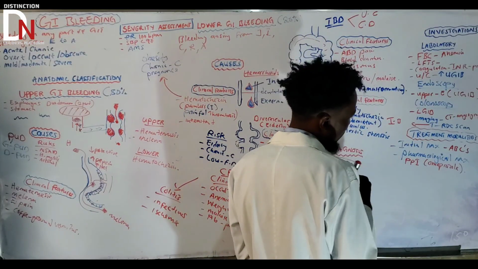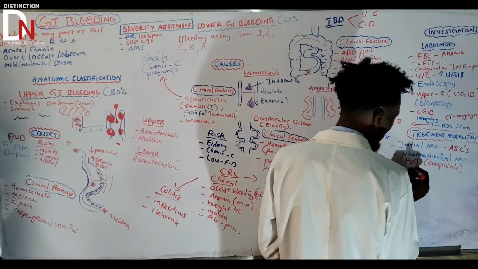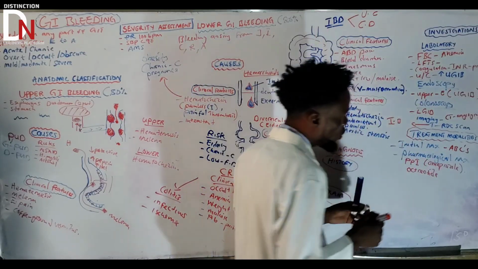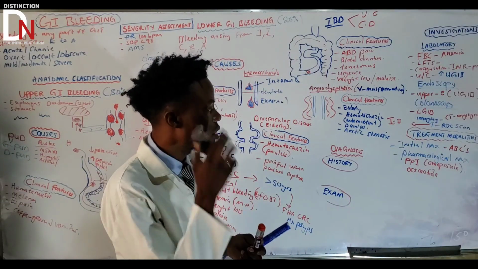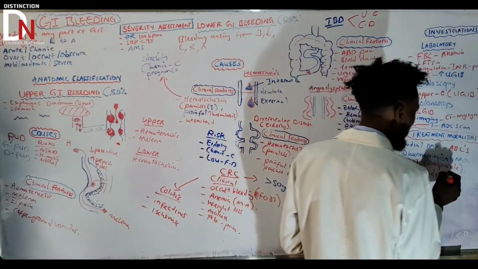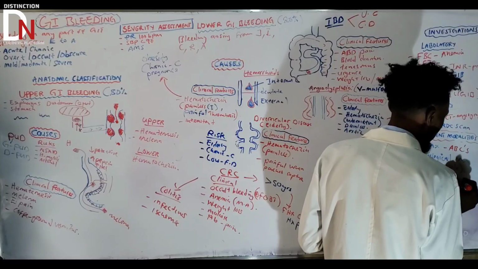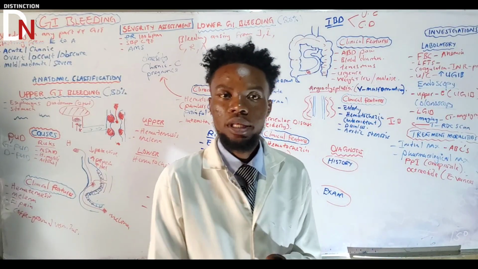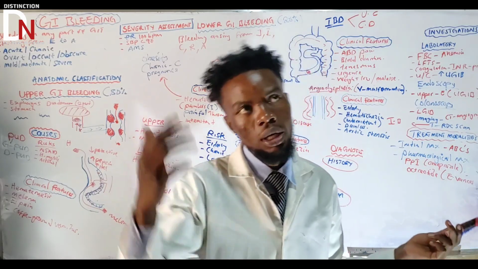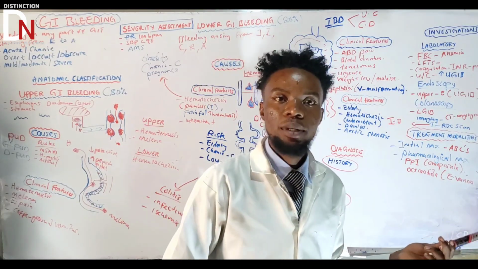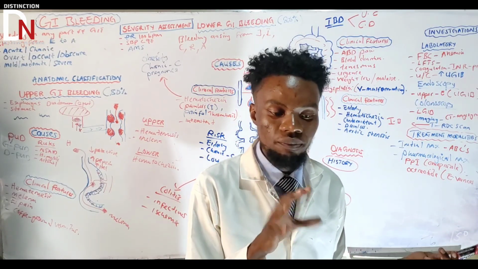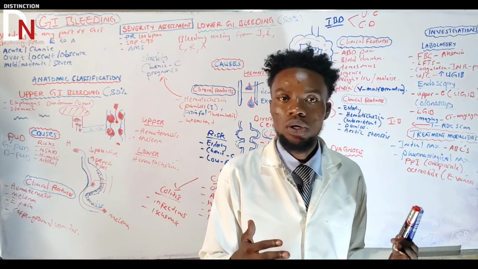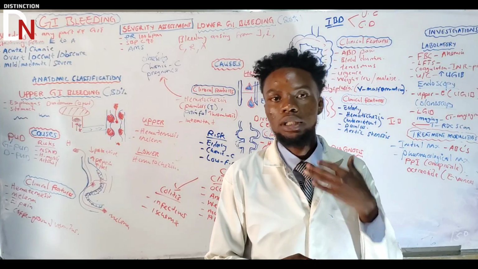The other one is octreotide. Octreotide is a very, very important drug which is used in esophageal varices, because it is going to decrease the portal pressure there. Remember that esophageal varices were because of portal hypertension, which was causing the bulging, or the increase in the submucosal veins in the esophagus.